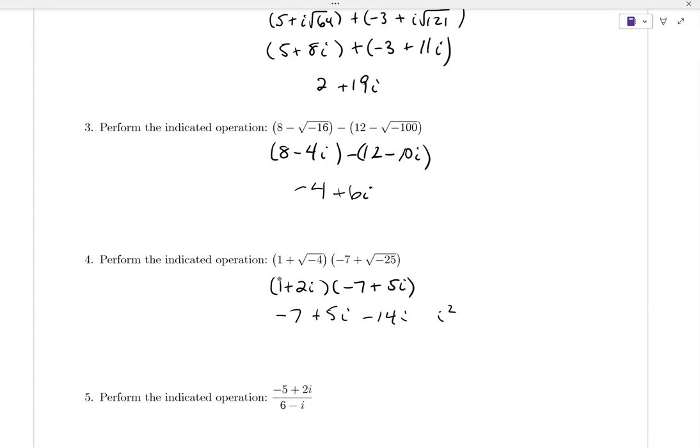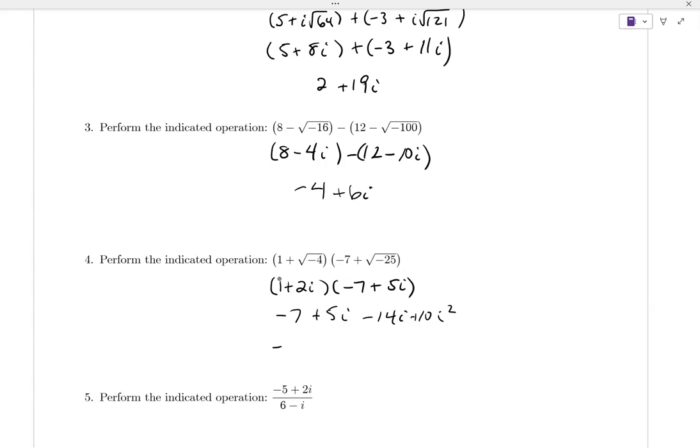What's 2 times 5? 2 times 5 is 10, right? Okay, good. Cool. Yeah, we got to multiply, all right? So we multiply them out just like what we did with polynomials, right? 1 times negative 7, 1 times 5i. 2i times negative 7, 2i times 5i. So we get negative 7 plus 5i minus 14i plus 10i squared. We okay with the distribution there?